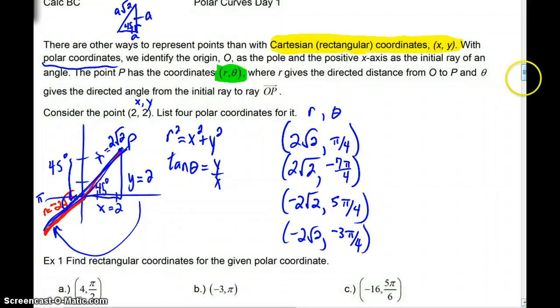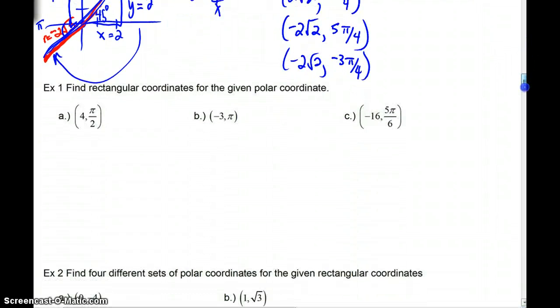So let's take a look real quickly at finding rectangular coordinates given polars. Here's r, theta. Look at this. We have pi over 2 radians would be up here, and of course we're going to move 4 units away from the origin, away from the pole, to represent this point.